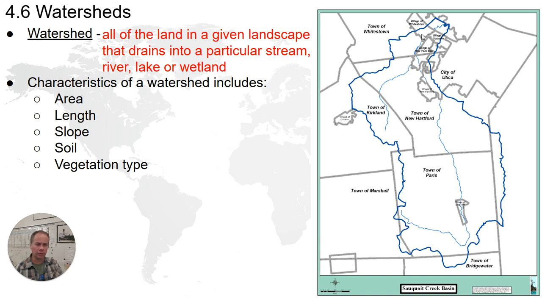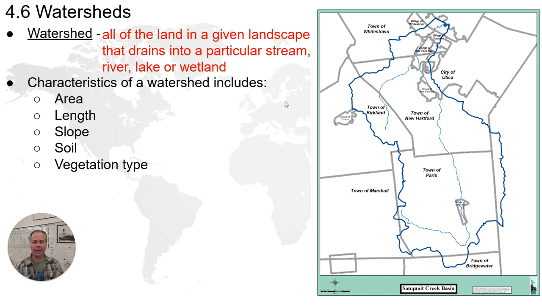This blue line outlines the Sequoia Creek watershed. This is the Sequoia Creek. It flows right past our school, underneath Genesee Street, eventually into Whitesboro. Any water that falls inside this boundary eventually makes its way to the Sequoia Creek and is transferred through to another body of water, which we'll talk about in a minute.